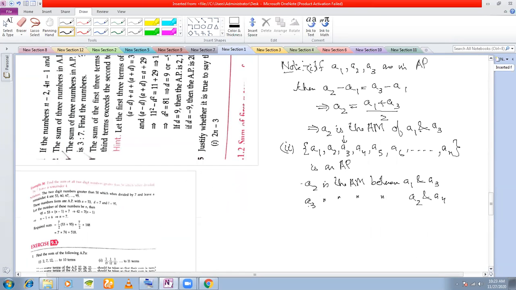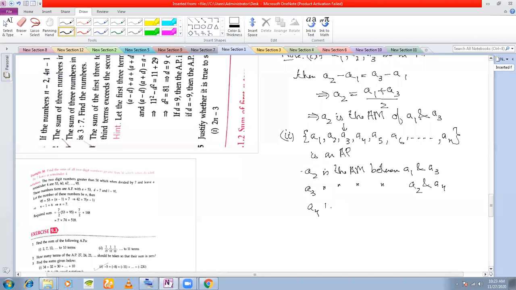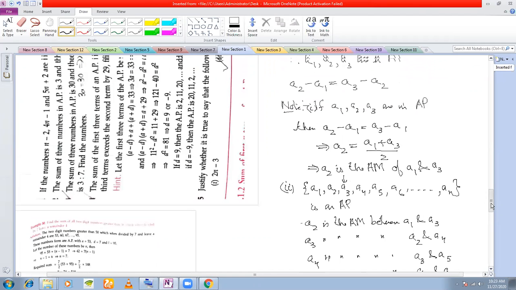A4 is the arithmetic mean between A3 and A5. Similarly, A5 is the arithmetic mean between A4 and A6, and so on. This will continue. So whenever you see numbers that are in AP, you can say the middle number is the arithmetic mean of the other two adjacent numbers.